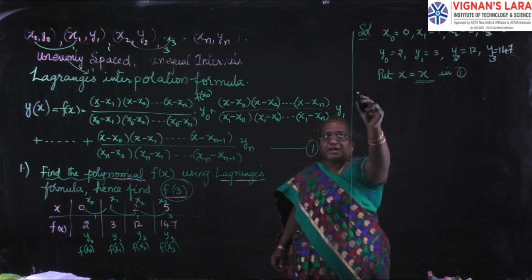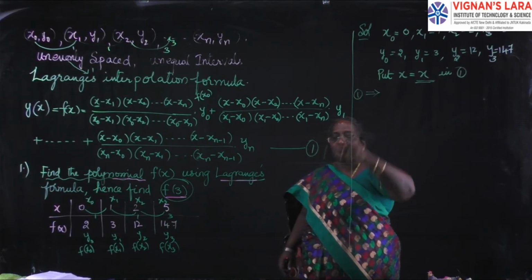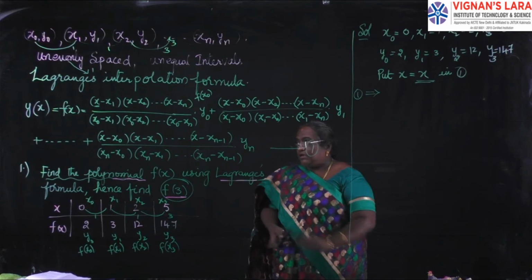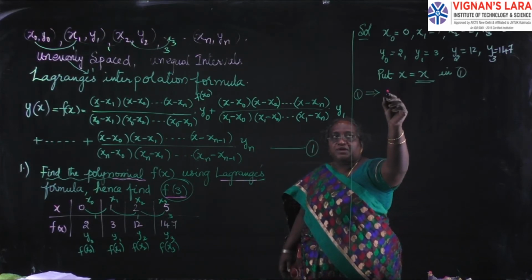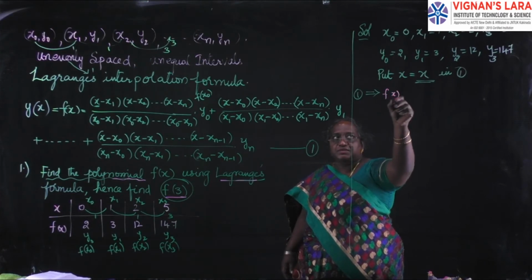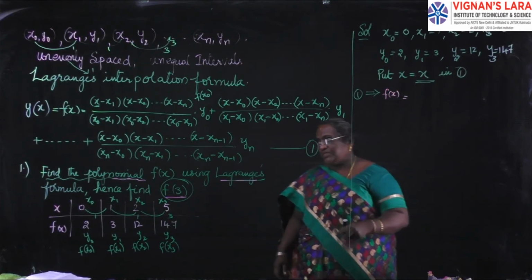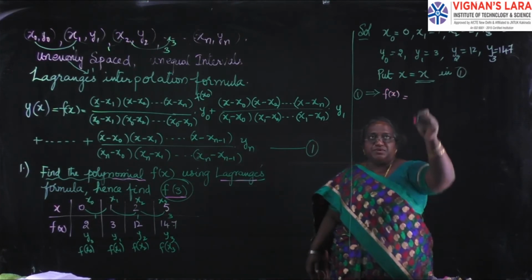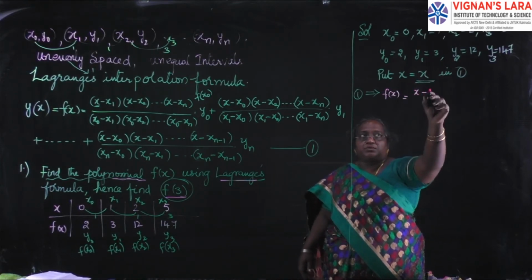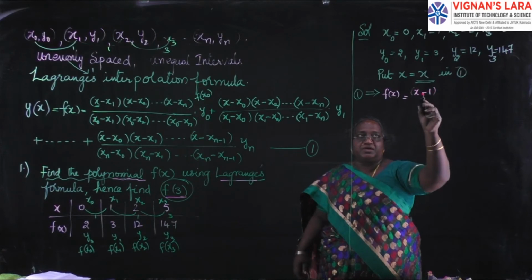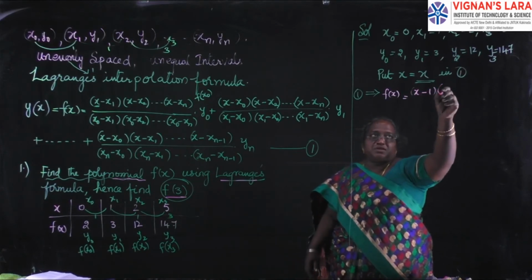So f of x, or y of x, is equal to: x minus x0, I have to skip x0 in the numerator, that appears in the denominator.